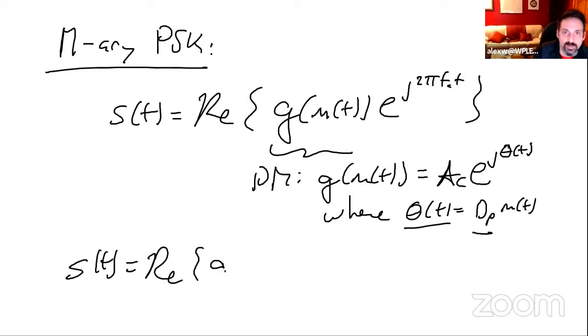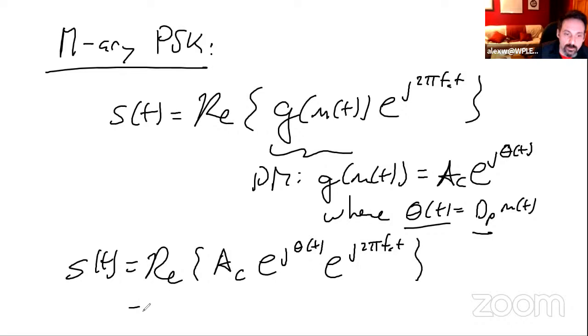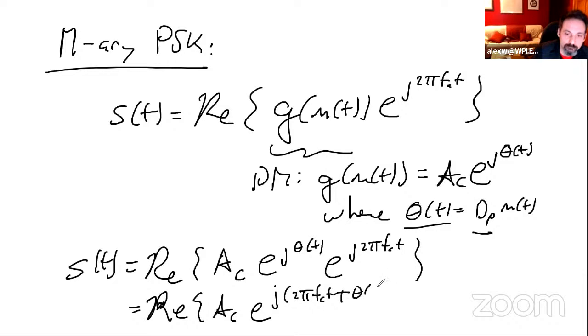So if we replace g of m of t with the definition for it, it would be equal to this. Okay. Now apply Euler.